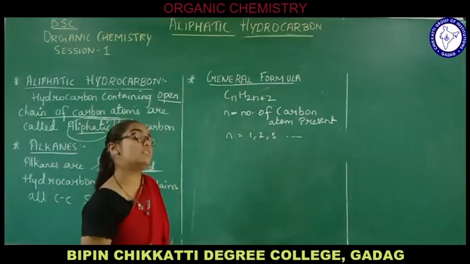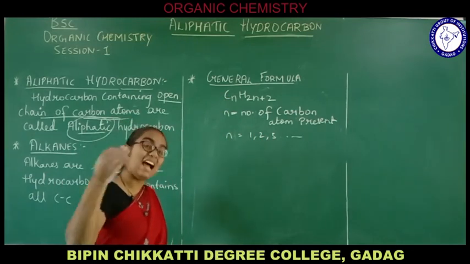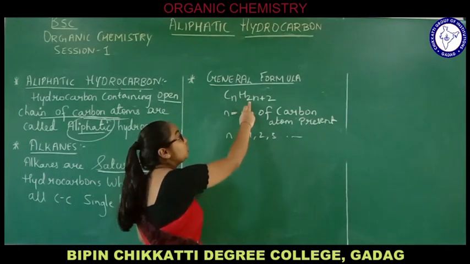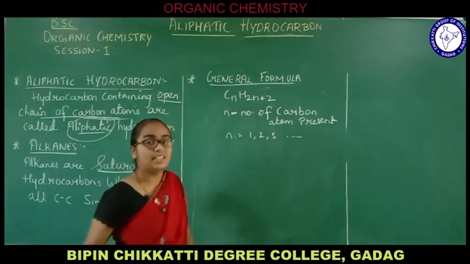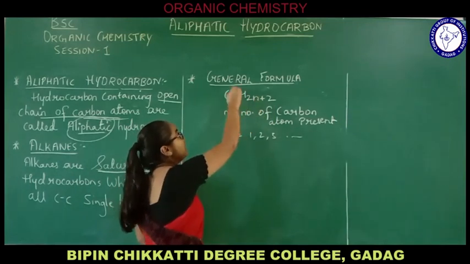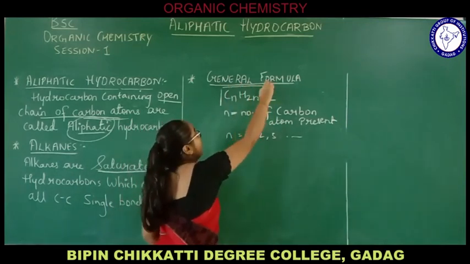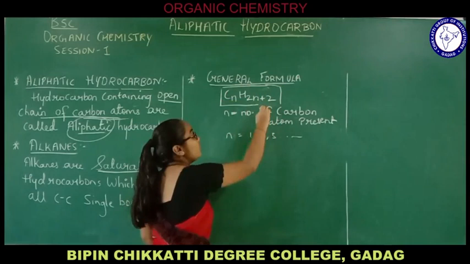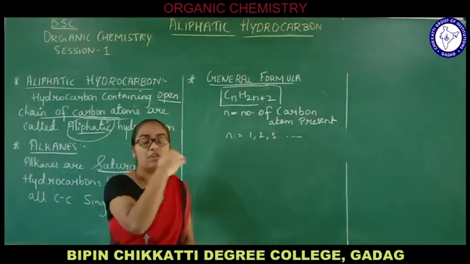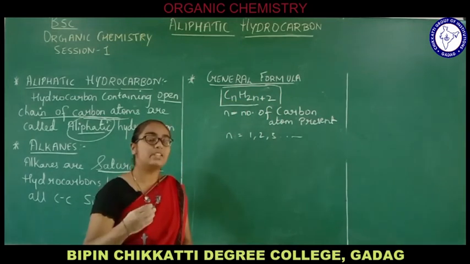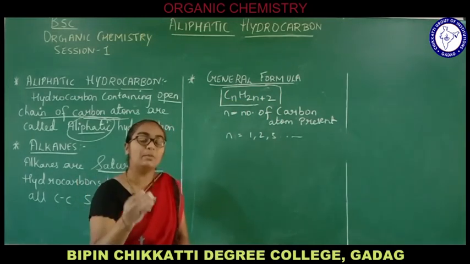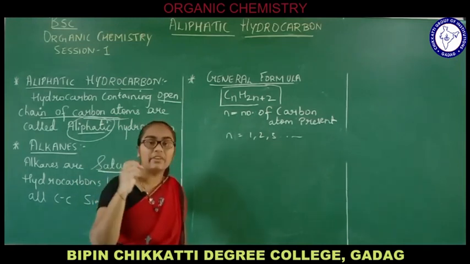I repeat once again, the general formula belonging to the alkane family is CnH2n plus 2. This is very, very important, children. If you make any mistake with this general formula while writing the members belonging to this family, it becomes unpredictable for you to write how many carbons and how many hydrogens will be there.